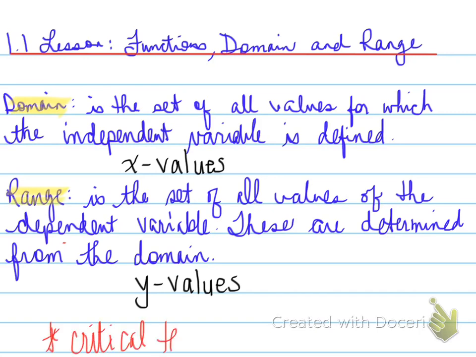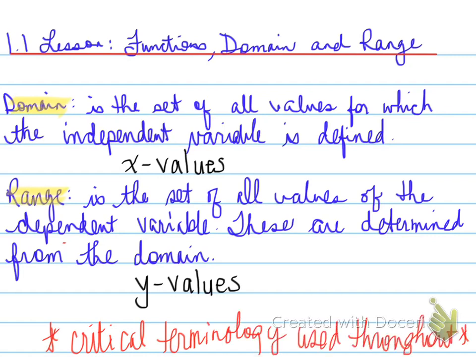Now, this is critical terminology that we use throughout this course, so you have to understand when I ask for the domain, we are looking at the x values. When I ask for the range, we are looking at the y values.